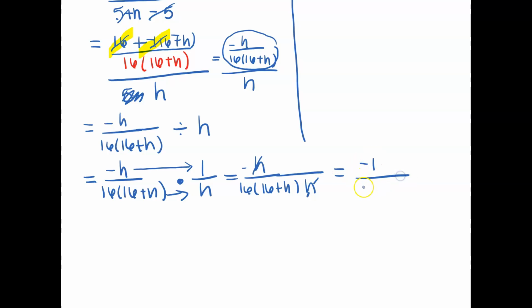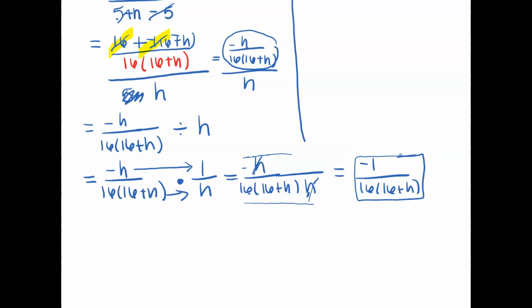Now when you go to cancel on the top and bottom, don't do bad math. You can only cancel when you have multiplication or just a single term. Because this is all being multiplied, and because I only have a single term in the top, I can cancel these h's, and I definitely don't want to forget my negative along the way. And so this would be my final answer.